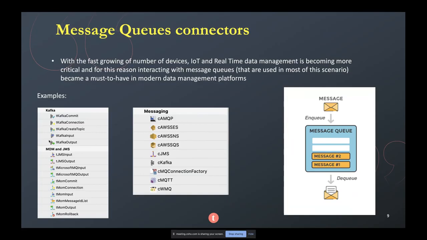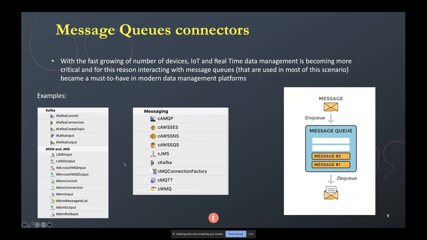And since they became central, a good data management platform, especially when it wants to deal with real-time or near real-time big data, or in general with data that has big velocity, needs to have connectors to such queues. And here there are some examples. There can be connectors to Kafka, connectors here you can see to JMS, to Microsoft MQ, and so forth, as well as other kinds of connectors.